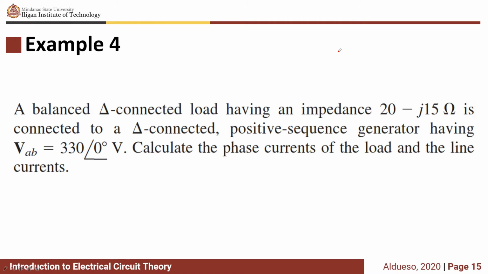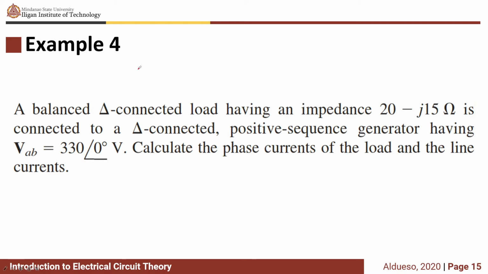In this example, we have a balanced delta connected load having an impedance of 20 minus J15 ohms, connected to a delta connected positive sequence generator having VAB equal to 230 angle 0 volts. Calculate the phase currents of the load and the line currents.